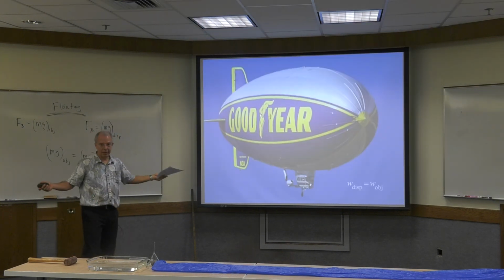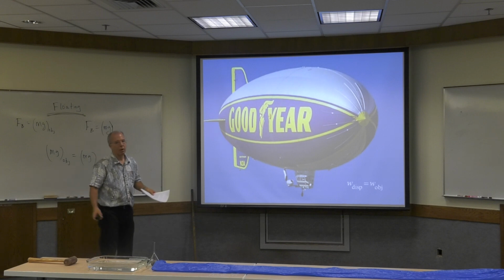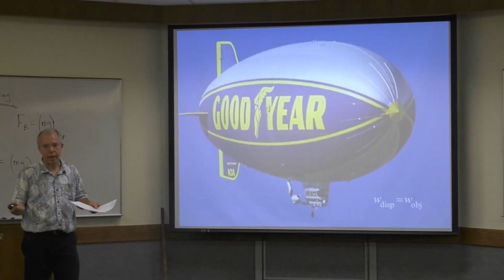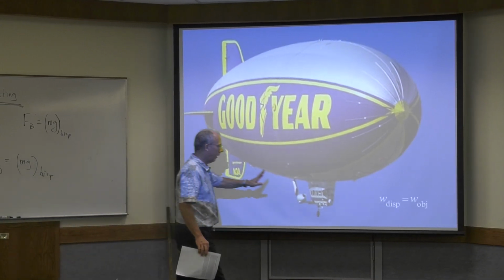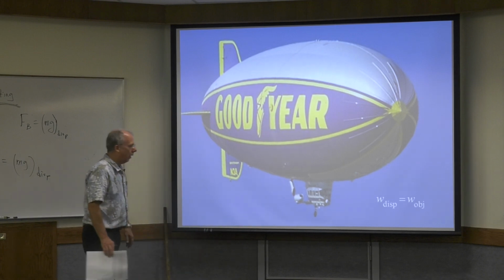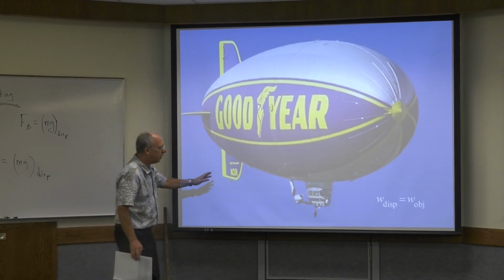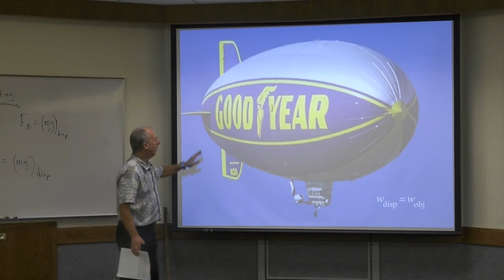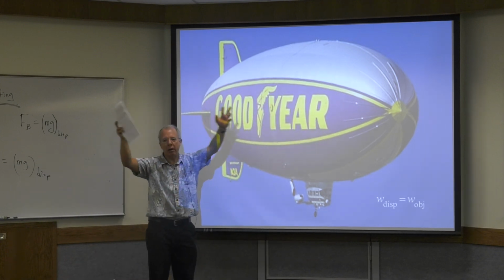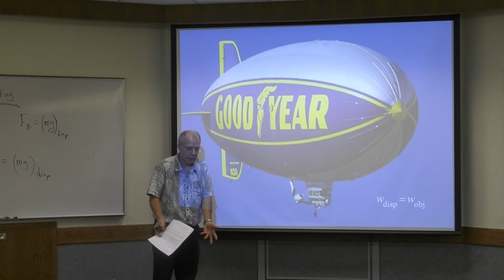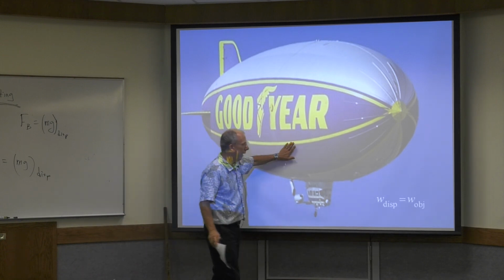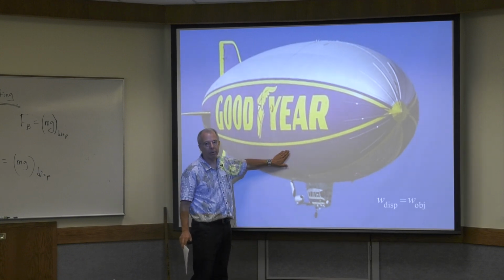You're familiar with a Goodyear blimp? Why is it so large? Well, first of all, it's floating, correct? So the weight of the object has to equal the weight of the displaced fluid. We're talking about air. If you took all the air that it displaced and calculated the weight, that would be equal to the weight of the blimp.